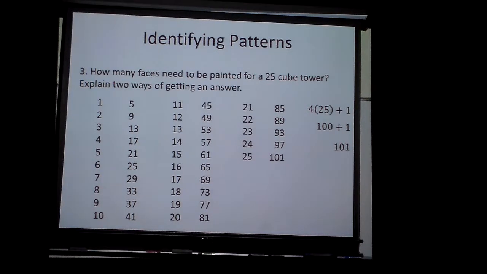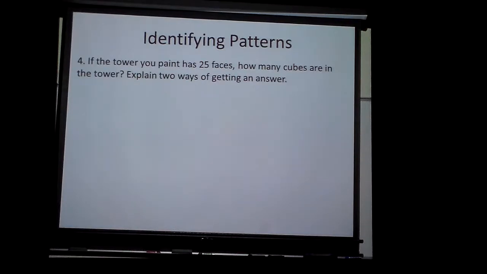Now let's make the question a little bit harder. How many blocks are there if I paint 25 faces? And let's explain 2 ways of getting there. Well, one thing I could do is what I did before. One block had 5, 2 had 9, 3 had 13, 4 had 17. Well, 5 will have 21, 6 would have 25, and I found it that way.